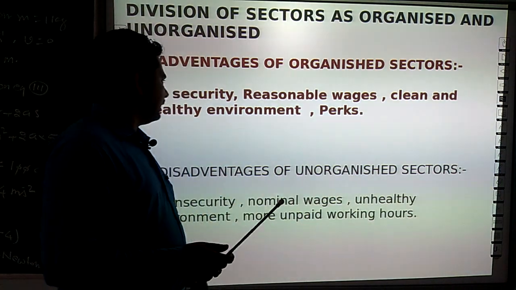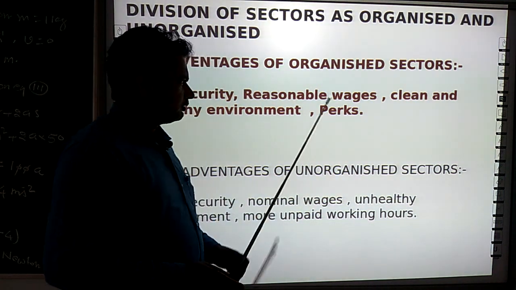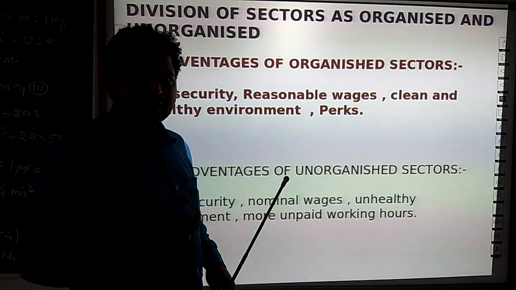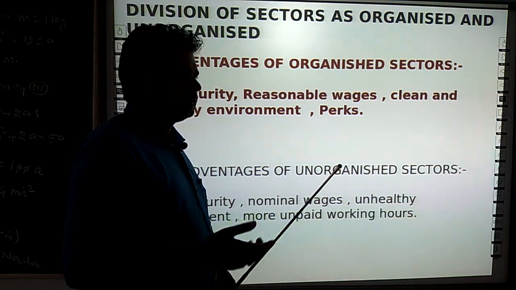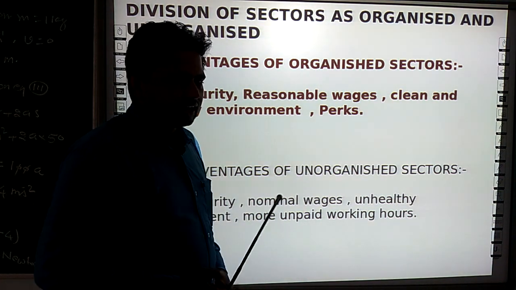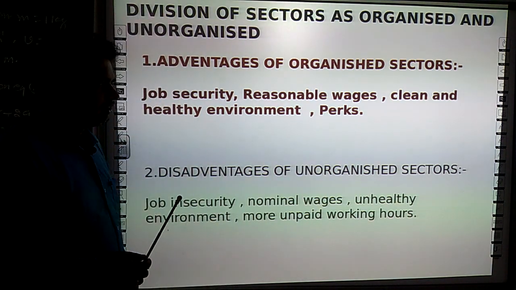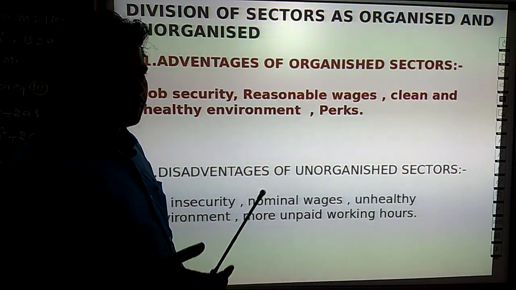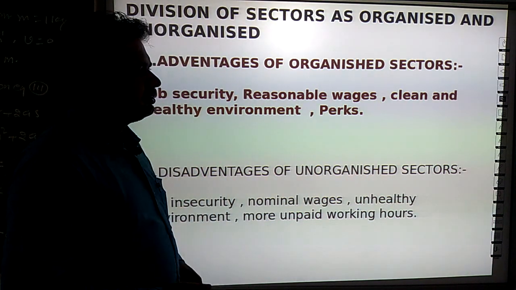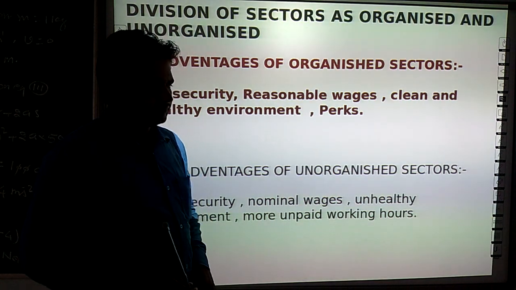They even get a clean and healthy environment at their workplace, and they also benefit from various perks and additional services like paid holidays, medical benefits, convenience charge, house rent, or even gratuity or pension after retirement. So these are the benefits of working in the organized sector.